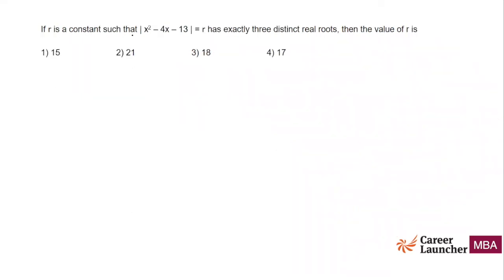If R is a constant such that mod of x square minus 4x minus 13 is equal to R has exactly 3 distinct real roots, then the value of R is... Okay.